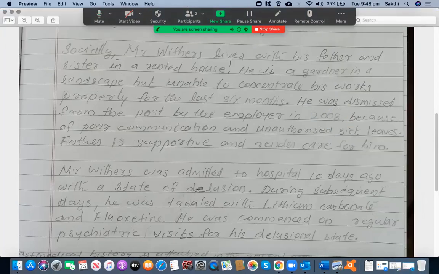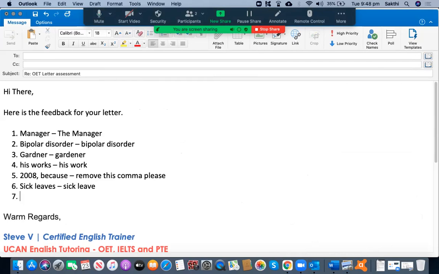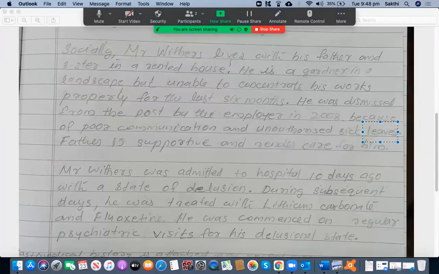Because of poor communication and unauthorized sick leaves. You don't need to write sick leaves, sick leave. If the leave occurred frequently, you can say frequent unauthorized sick leave. That's okay.